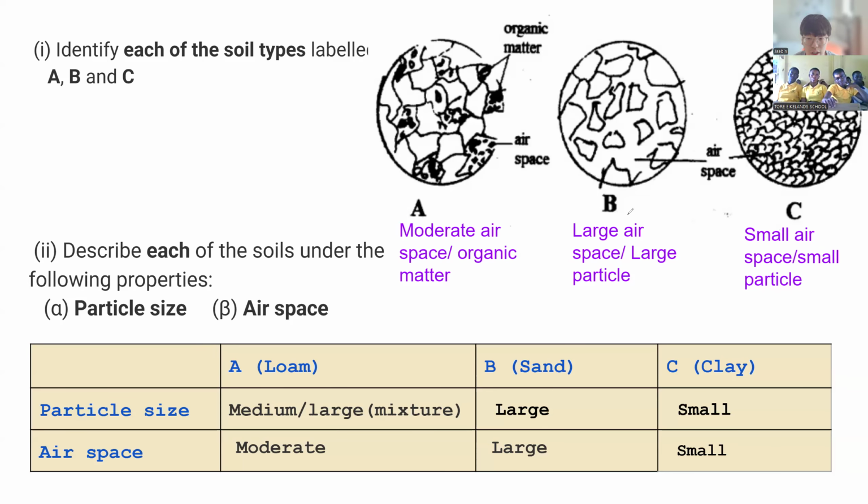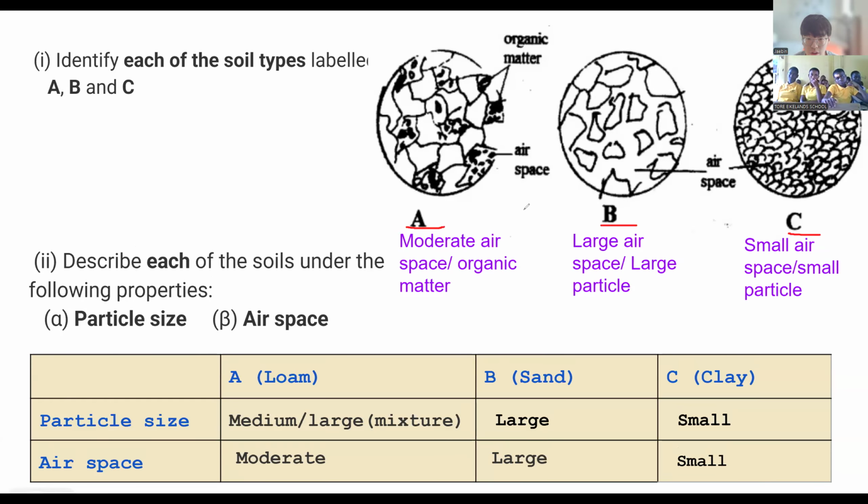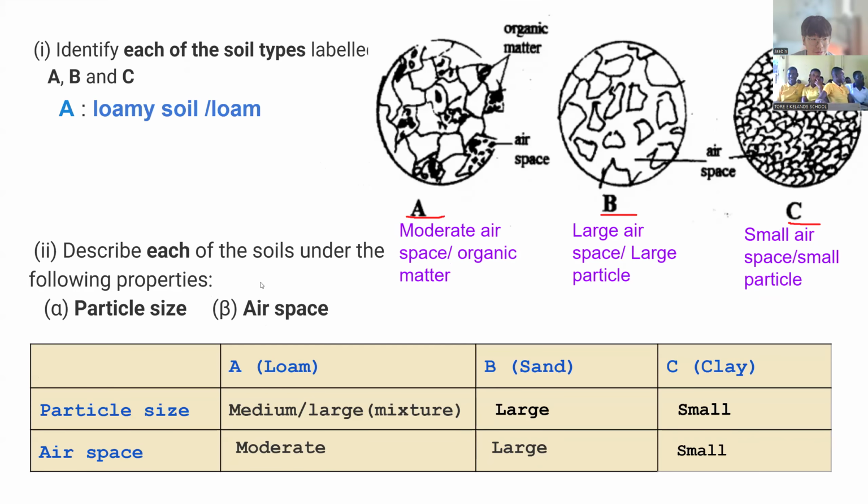A, B, and C. Can you label them? A is loamy soil. B is sandy soil. C is clay soil. Yeah, great job. You got them correct.